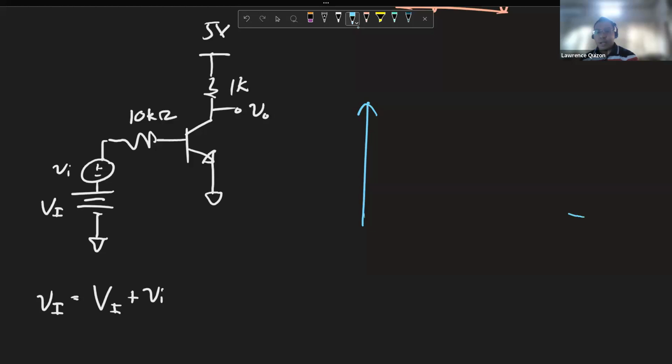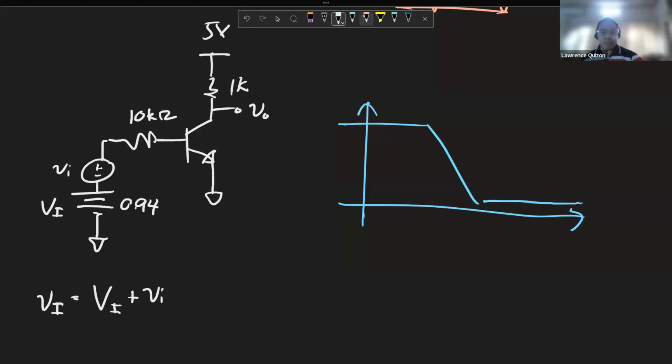So we have a biasing, no? So ito ulit yung transfer characteristic. And they tell us that this is 0.94.